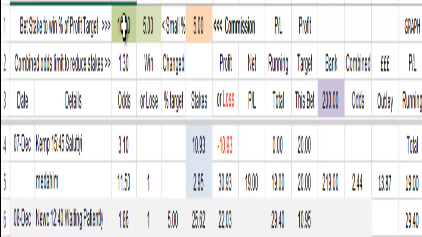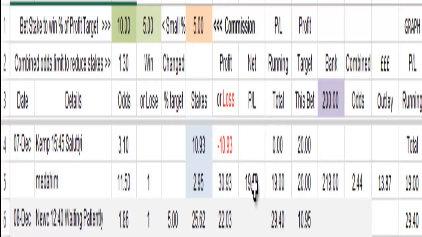Anyway, horse 1, the stakes were 10.93 and 2.95. That's on 3.10 and 11. That's the stakes that the spreadsheet tells me I've got to put on, which I did. I put them on, and if the first horse won, I would have got the £20 less the 5%, which brings it to 19, as you can see here, net profit.